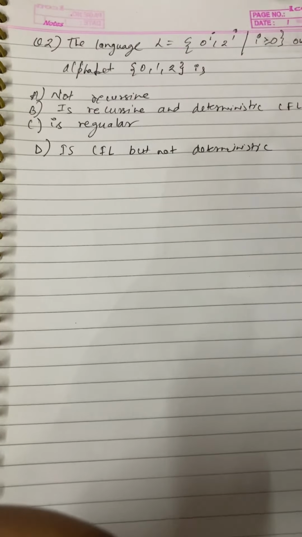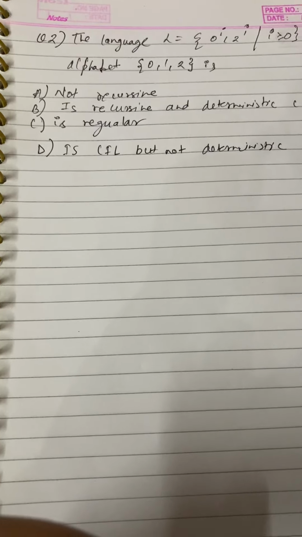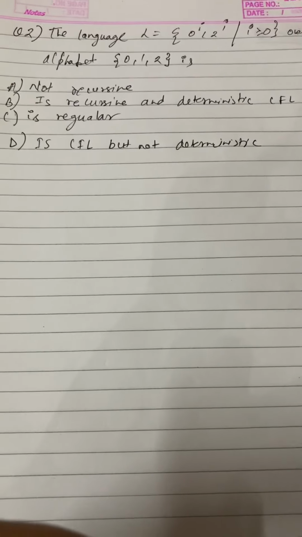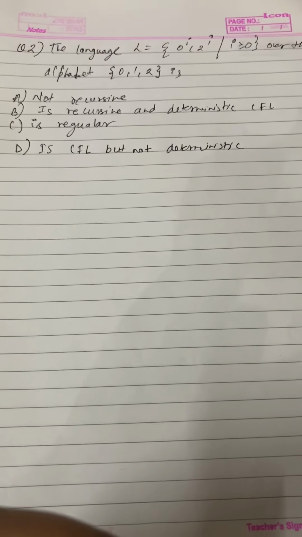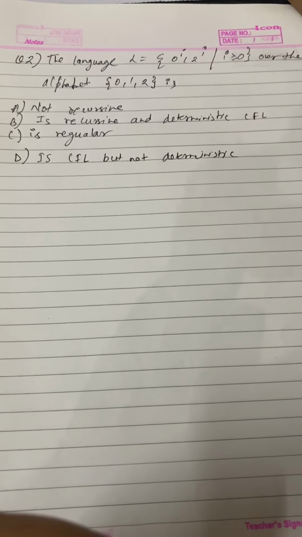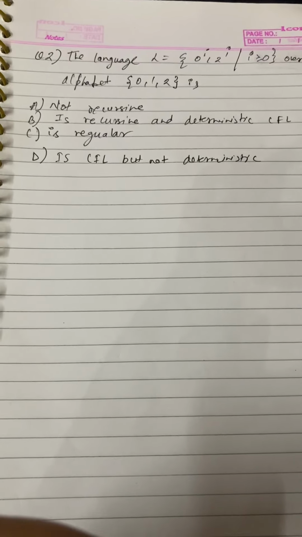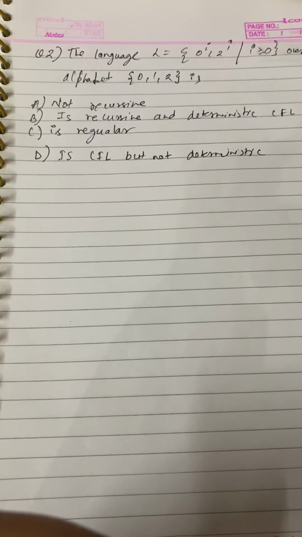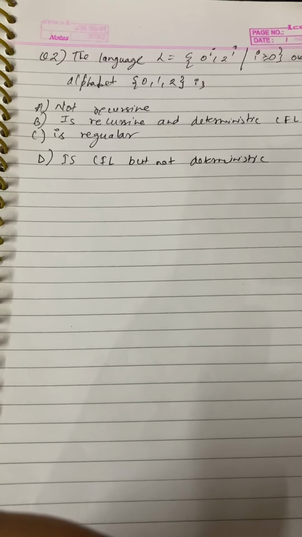Jumping to example 2. The language L is 0 to the power i, 2 to the power i, i greater than 0, over the alphabet 0, 1, 2, 3. We have to find which is not recursive, is recursive, and deterministic CFL.